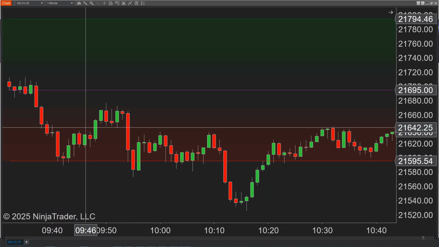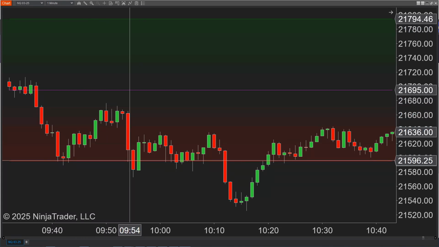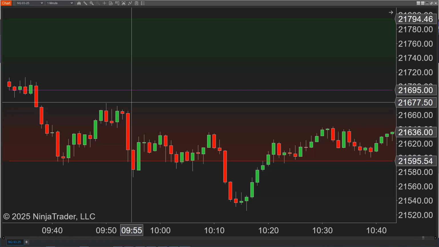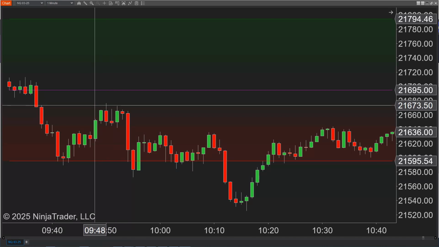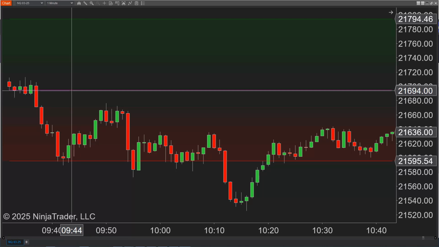It will not take you long to calculate where these levels are along with the midpoint, but the indicator definitely makes it easier, especially if you're going to be trading multiple markets at the same time and you want to keep an eye on things. So let's go over all the markets that I cover using this methodology, which you can learn, and you will be able to put these levels on your chart all by yourself.